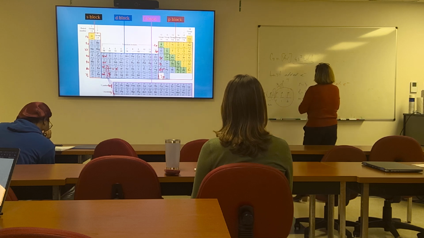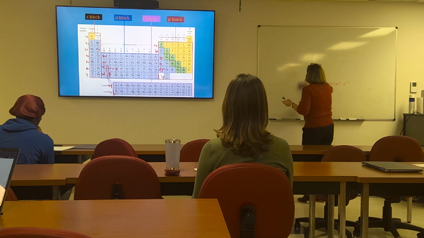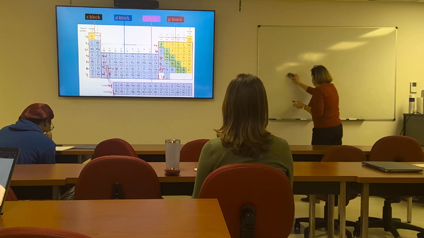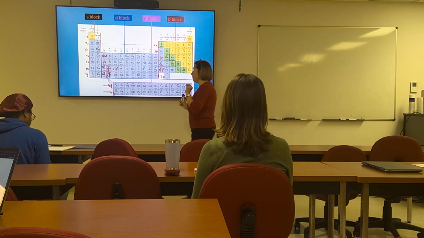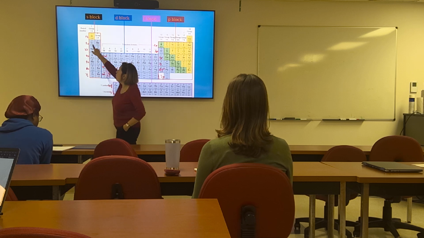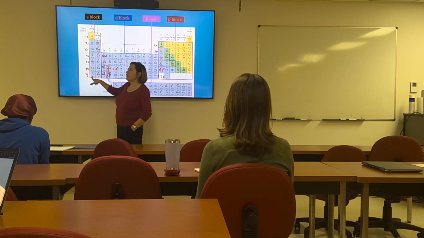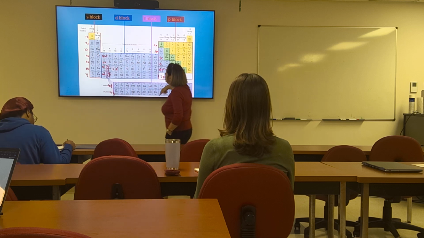That's another thing that I wanted to address. When you look at elements in a group, let's look at a little bit of the configuration. I'm looking at the elements in group number 1. What do I see as their valence electron? So the noble gas is something here, and then you add.